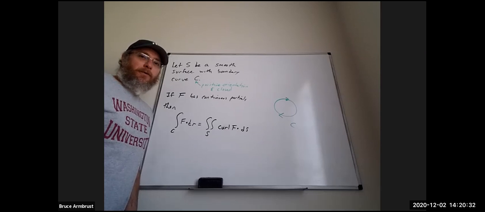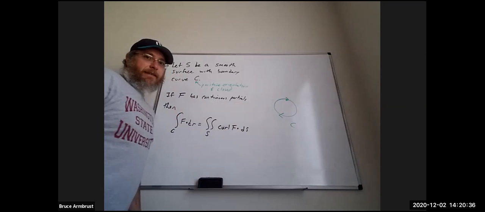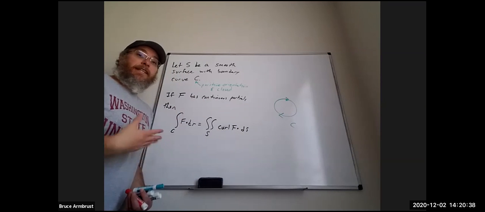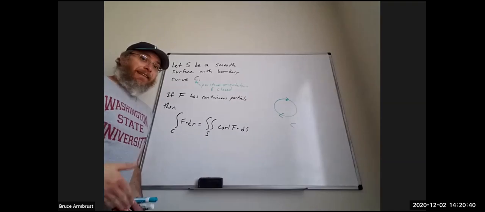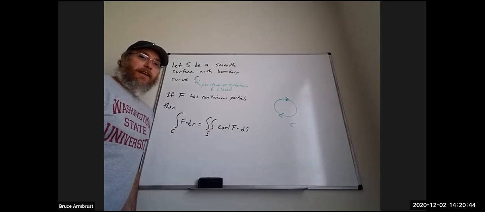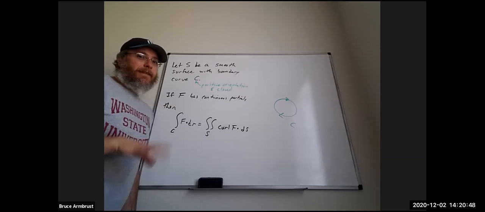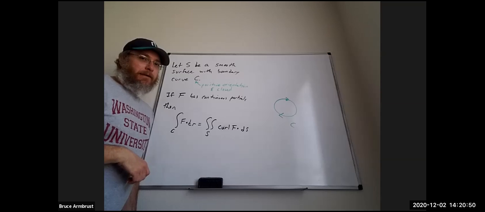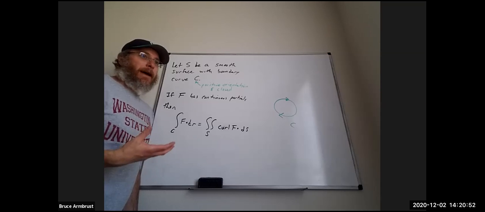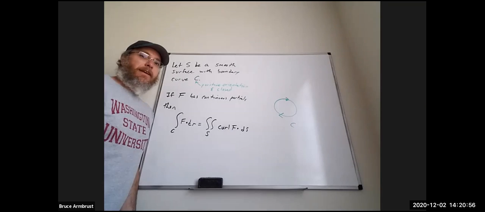We could go with a cone. We could go with just the disk, right? All of those are very different surfaces. And yet, if you were to integrate the curl over the entire surface, you're going to get the same thing every time. And to me, that's kind of mind-blowing, right? That all that matters is the edge of this thing. It doesn't actually matter what the surface is.